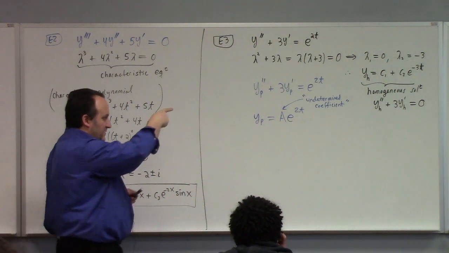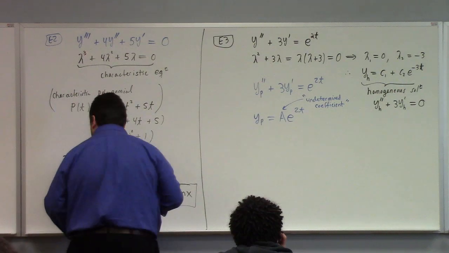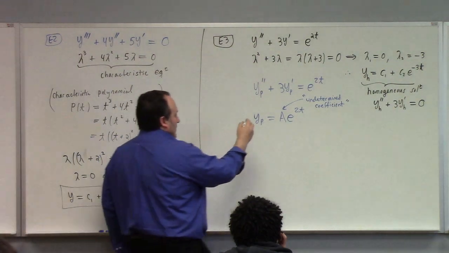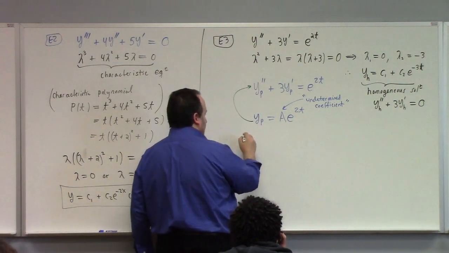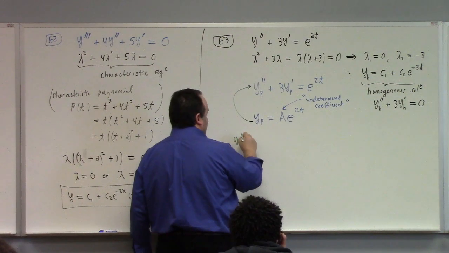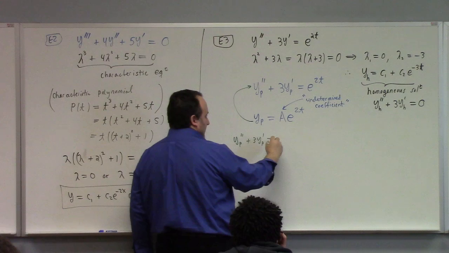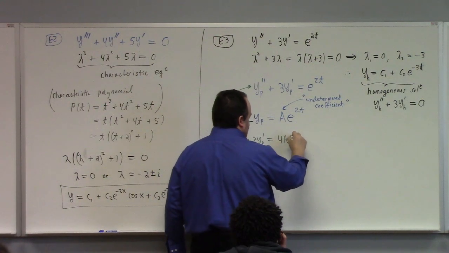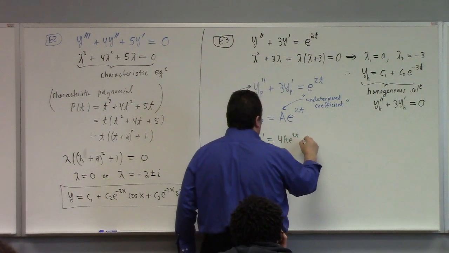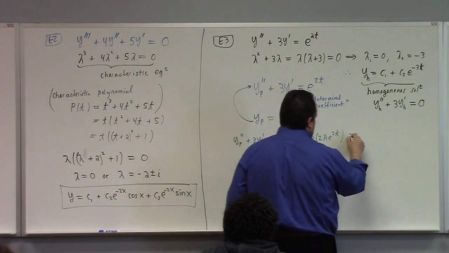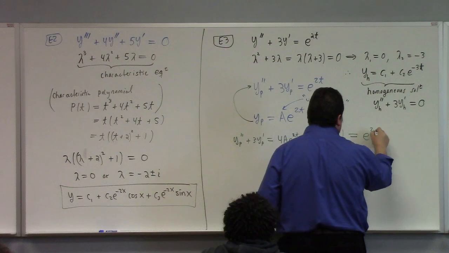What we need to do is to plug it into the differential equation. What happens? So plug that in up here, we get yp prime prime plus 3yp prime is going to give me 4a e to the 2t, plus 3 times 2a e to the 2t, equal to e to the 2t.